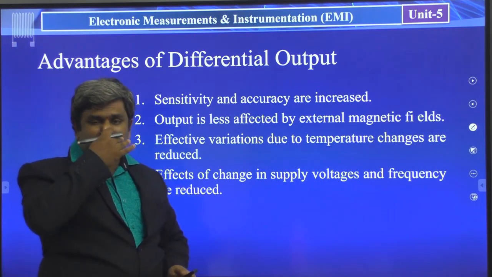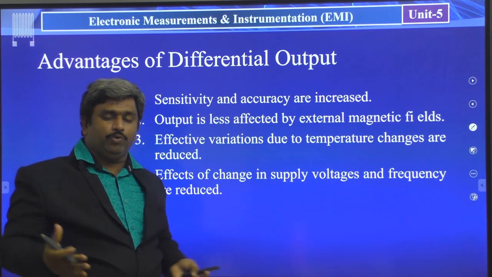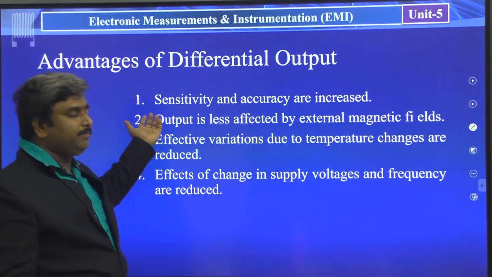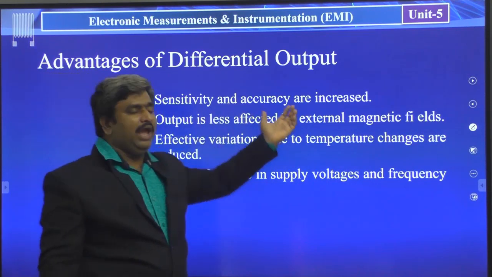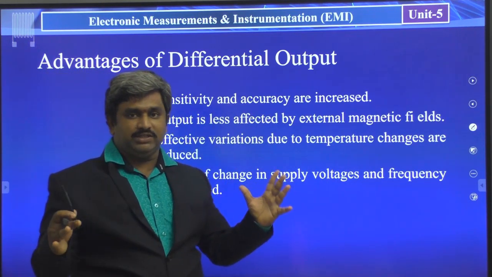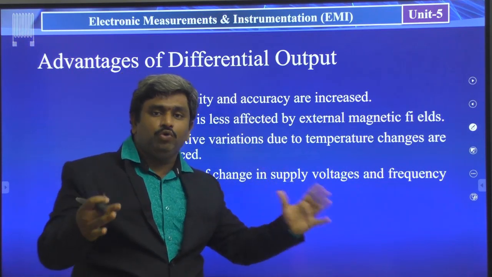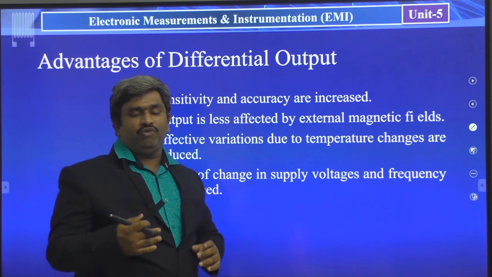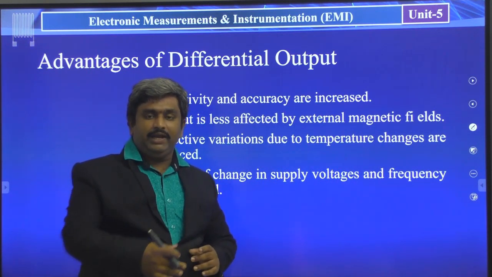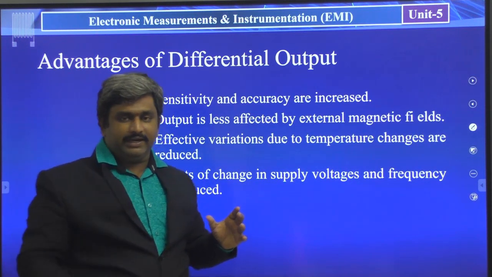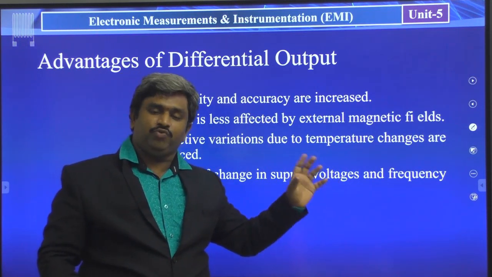Right. So what is the advantage of getting two outputs? Sensitivity and accuracy are increased 100%. So the total flux we can see in the two outputs. For example, if you are getting 50 volts at the output, when you displace the conductor, one side you will get 20 volts.